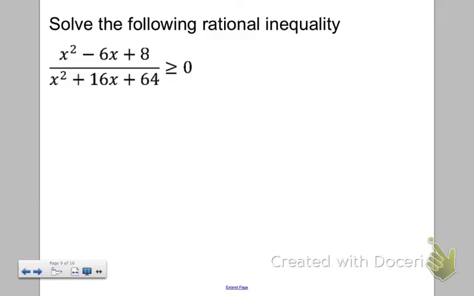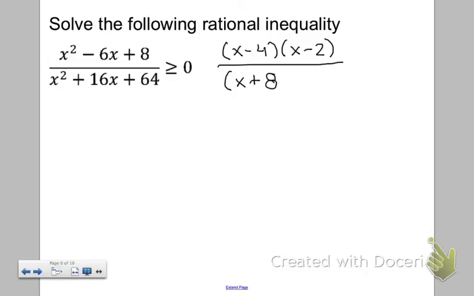So let's go ahead and just factor that real quick. So x squared minus 6x plus 8 is going to factor into x minus 4 times the quantity x minus 2. And my denominator is going to factor into the quantities x plus 8 and x plus 8.